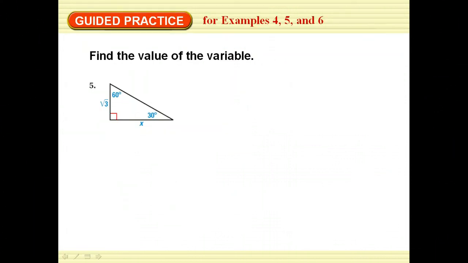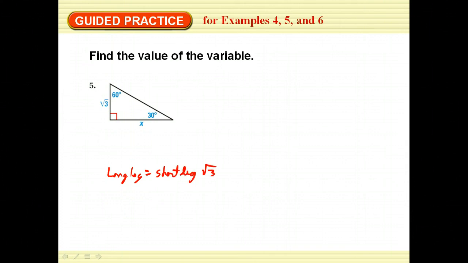So guided practice, here it is for you to find the variable. Remember, on a 30, 60, 90 triangle, the long leg, which is what I'm looking for, is equal to the short leg times square root of 3.